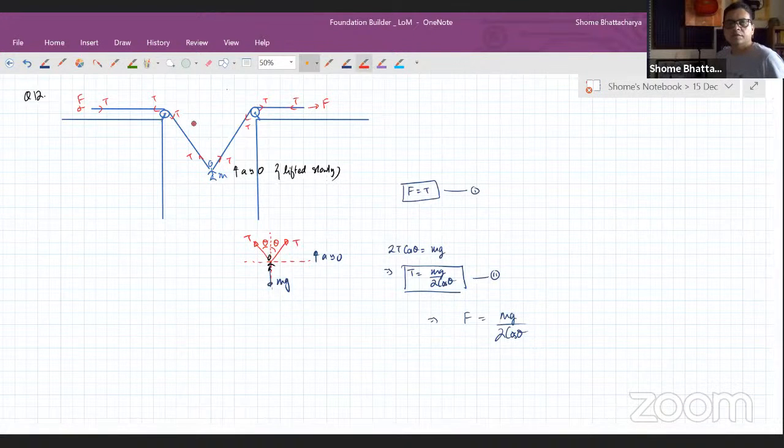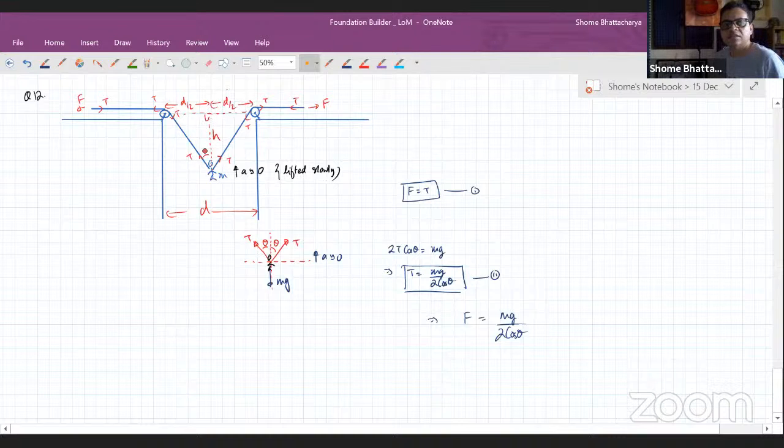Now, it's also given to you that the depth of this person in the ditch is h. And the width of the ditch is given to us as d. So here this is d by 2 and this is d by 2.